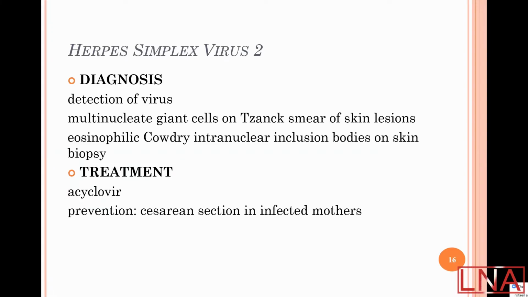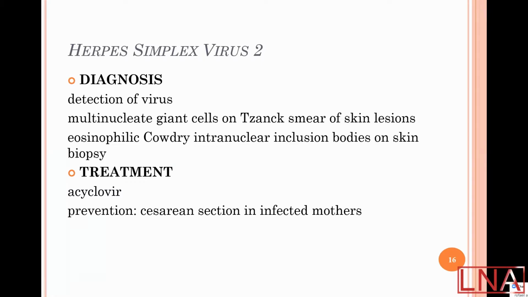Detection is totally the same, the only difference is that we will take samples from another part, in both cases from the infected part. Treatment, acyclovir, is totally the same because the virus is very similar, and acyclovir is also effective against simplex 2.